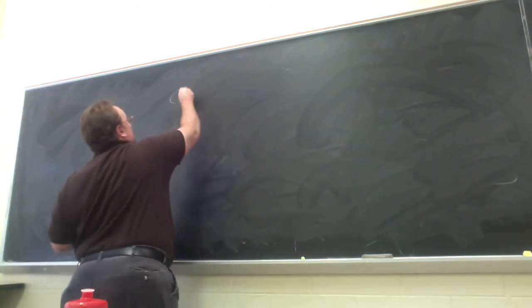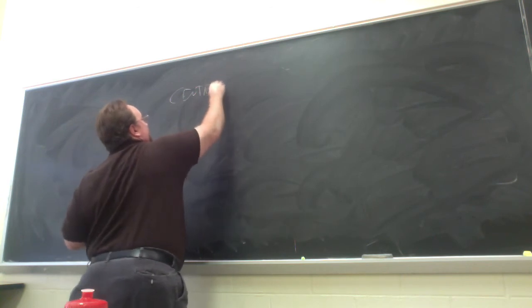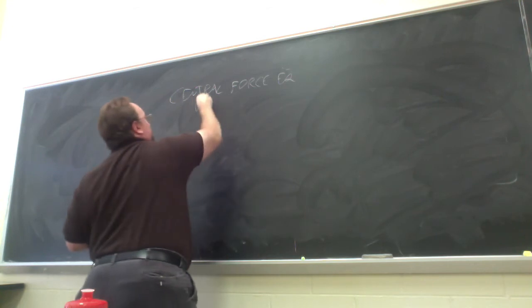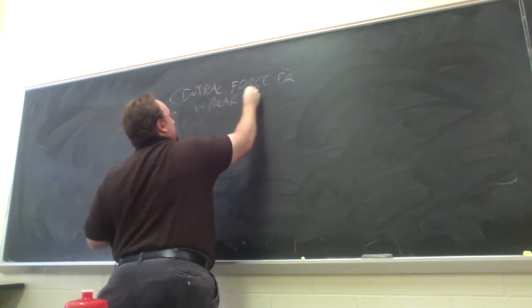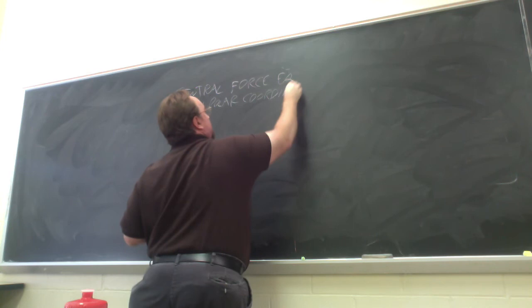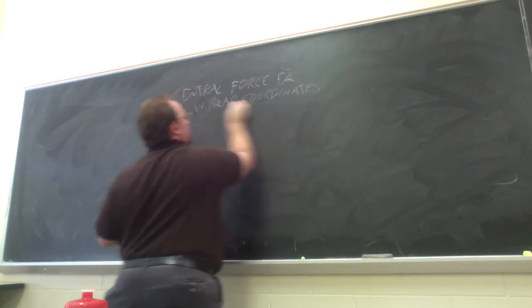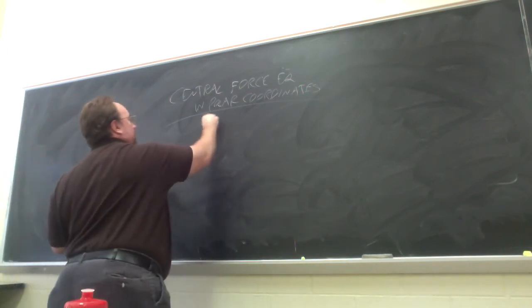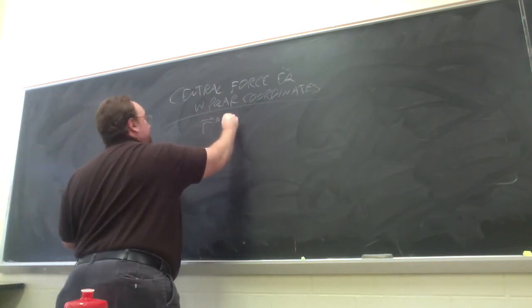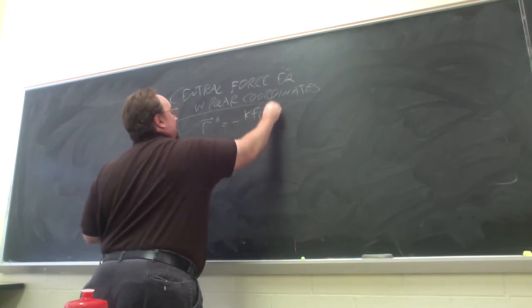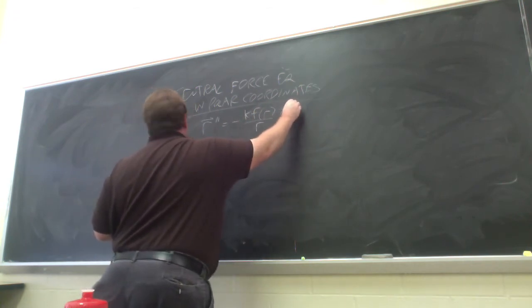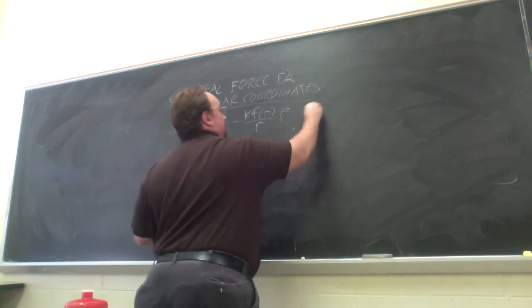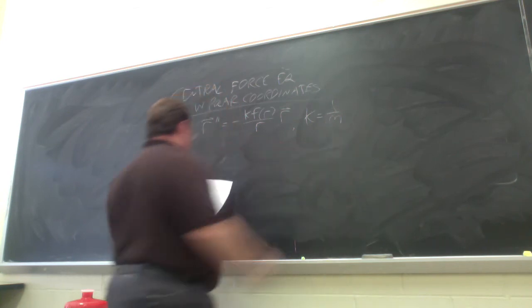So now what we'll do is revisit the central force equation, but in polar coordinates. Okay, so our central force equation, we'll just stick with a general one. r double prime is minus k f of r over r times the vector r, where in this case k, just for convenience, is 1 over m.